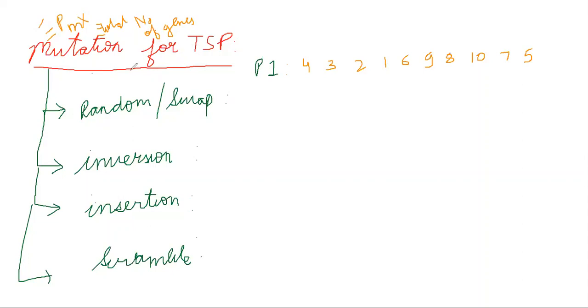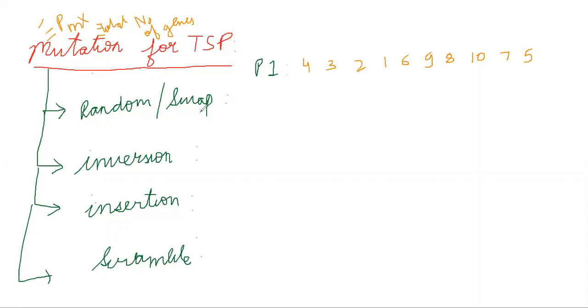In that case, it is simply the mutation probability into the size of the population. These are the two ways by which we compute how many genes have to be mutated in your population. And how do we select the individual for that? That is purely random.